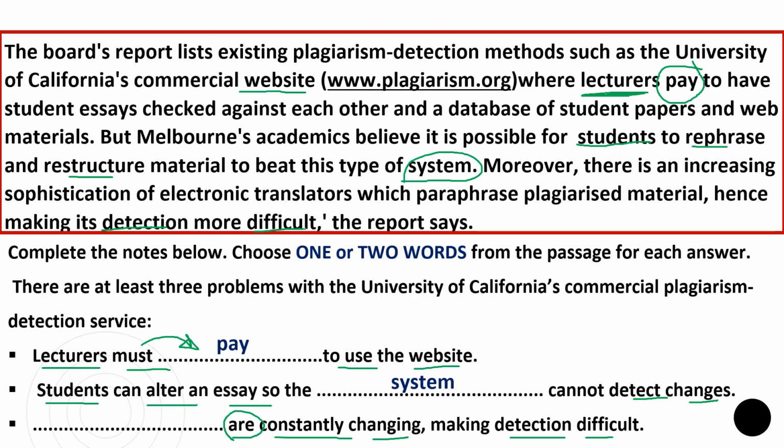Moreover, there is an increasing sophistication of electronic translators which paraphrase plagiarized material, hence making its detection more difficult, the report says. And the answer is the word translators, it's plural, so you can use translators or electronic translators. So this is the correct word here.